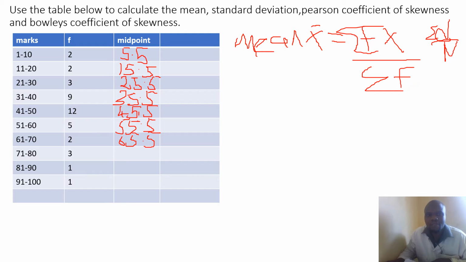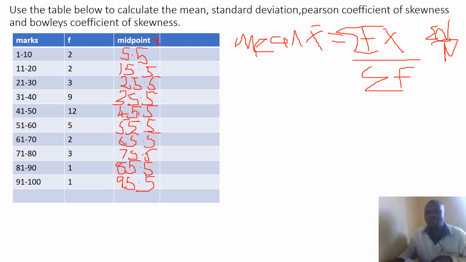And then 71 and 80, you get 75.5. And then the other one you get is 85.5. Then the other one you get is 95.5. So that's how we get the midpoint, or just the point of x here.